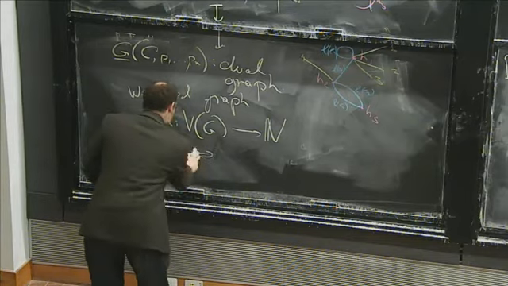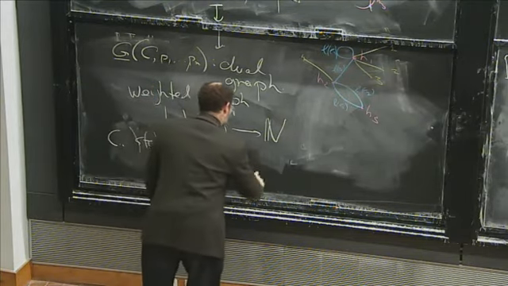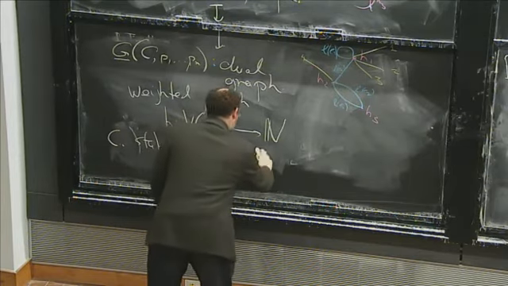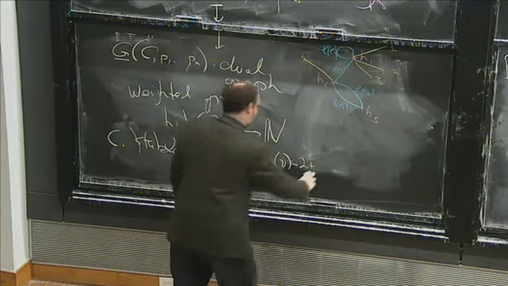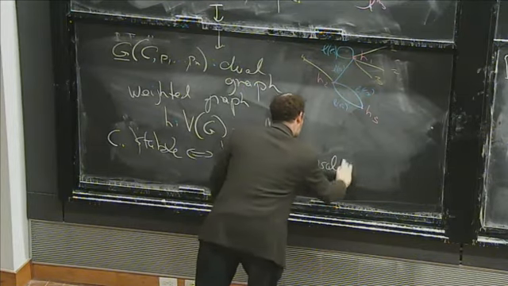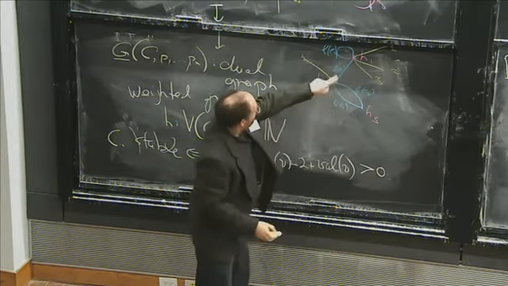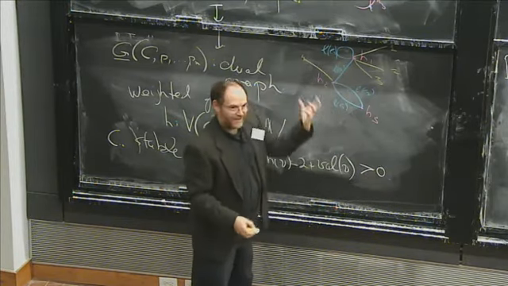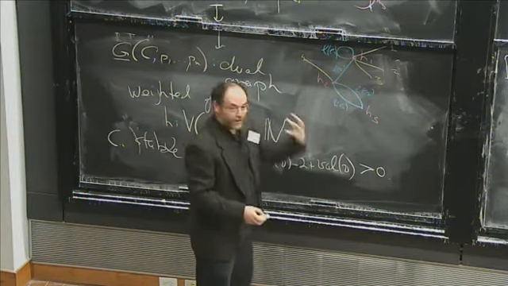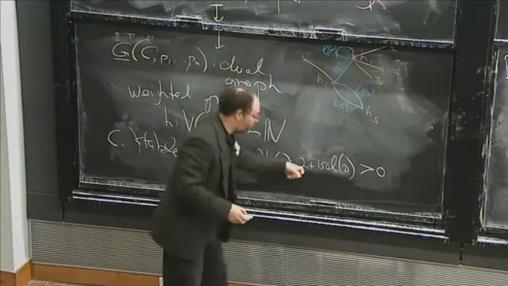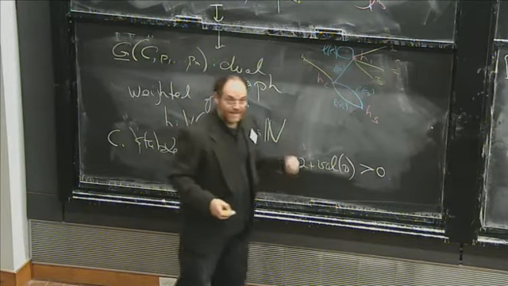This is the same as saying that for every vertex, 2h(v) minus 2 plus the valence of v is strictly positive. So the number of edges coming out, which is the number of special points on that curve, plus twice the genus of that curve minus 2, the degree of the dualizing sheaf of that curve, should be positive. That's exactly what it means to be stable.